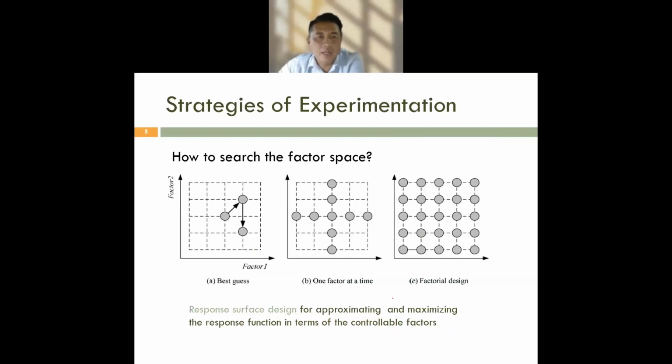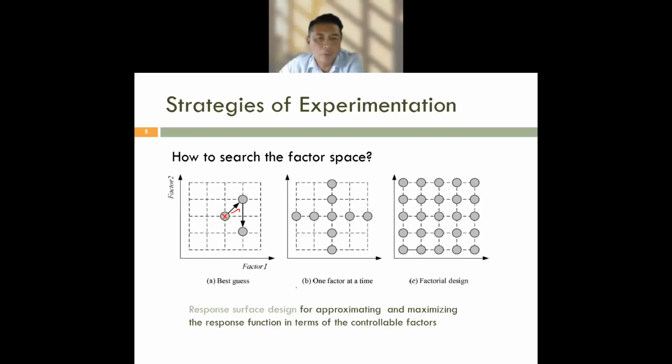Okay, so when we talk about the search space, for example, if we start from here, we have many approaches. The first one is the best guess. Best guess refers to a greedy algorithm that says if I go here, I will get a better solution.